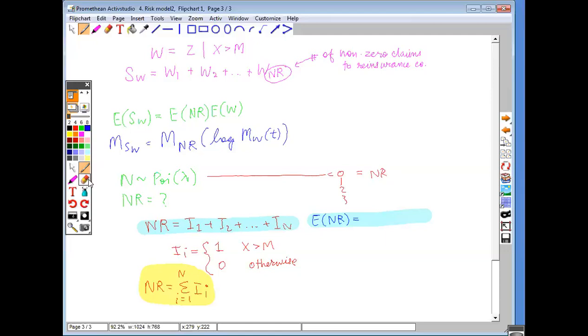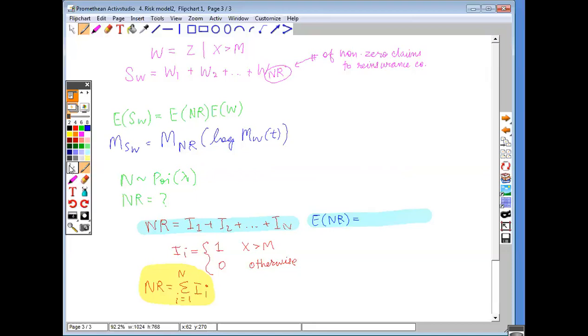So what should I write here for my expectation of NR? Just try to guess. I'm not saying you have to give the correct answer. What does your intuition say?